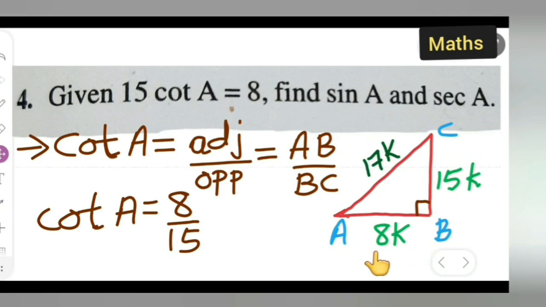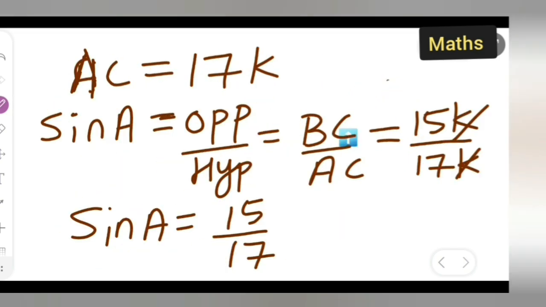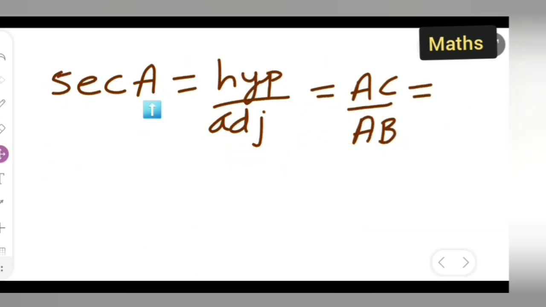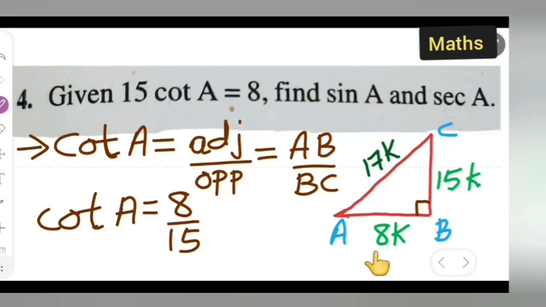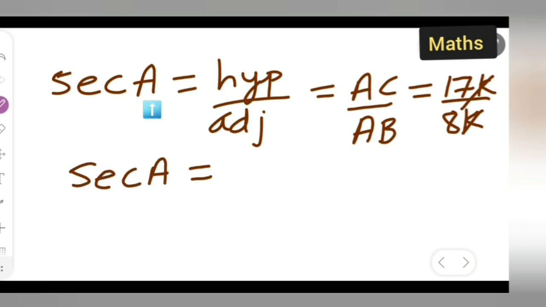So AC upon AB. Now what is AC? We got AC to be 17k over here. So I can write down 17k upon AB, which is 8k. So k will get cancelled. You are left with sec A is equal to 17 upon 8.